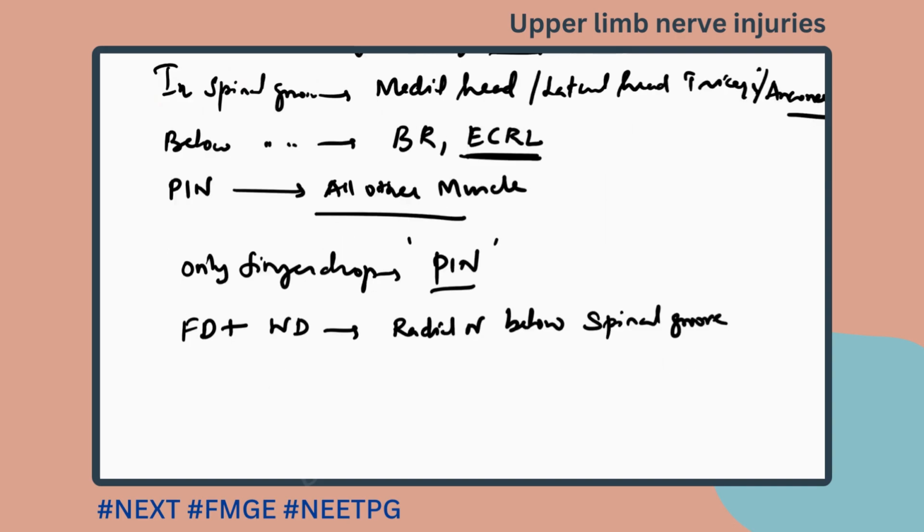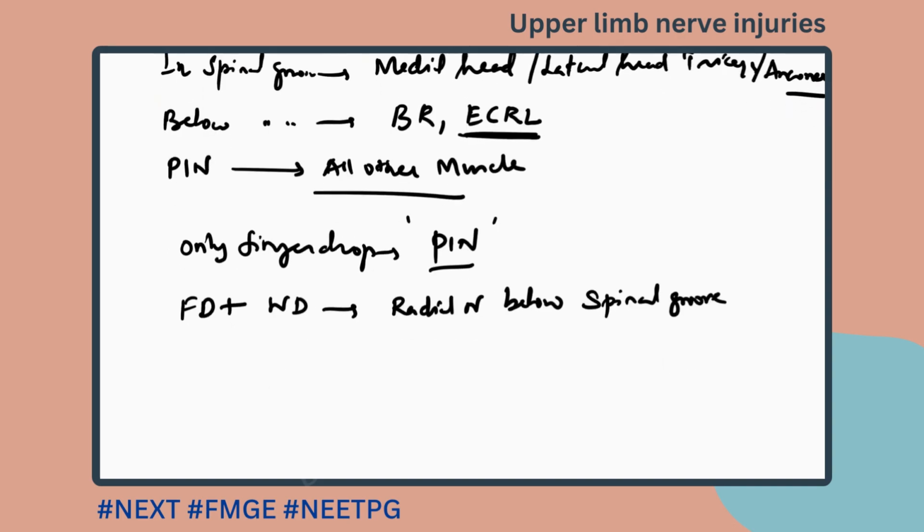Now he cannot do wrist extension and finger extension, and the elbow extension has become weak. So there is finger drop plus wrist drop plus weakness of elbow extension. That means the injury is above the spiral groove. Injury is above the spiral groove.